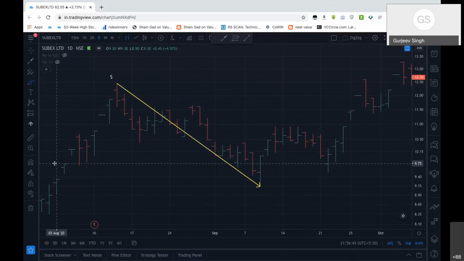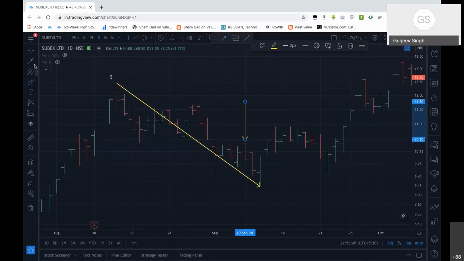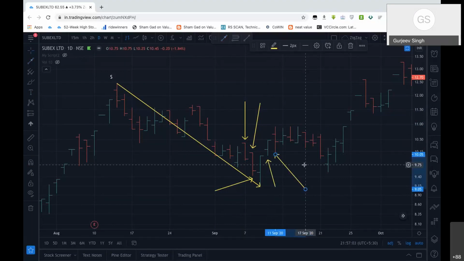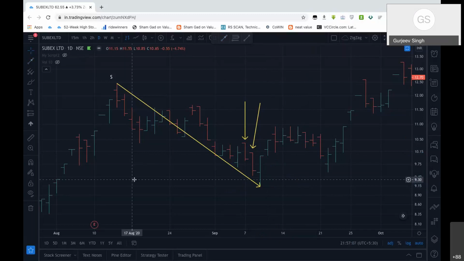Are we getting 5 bars over here? One, two, three, 4, and 5. Yes, we are getting 5 bars over here. So the trend which started from 13th of August was continuously down till 9th of September.